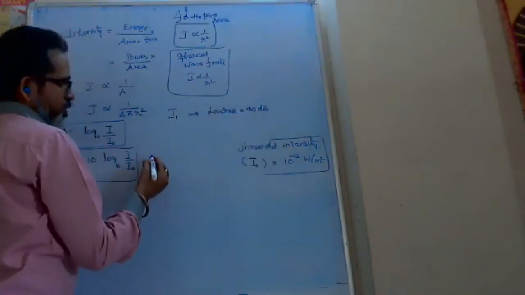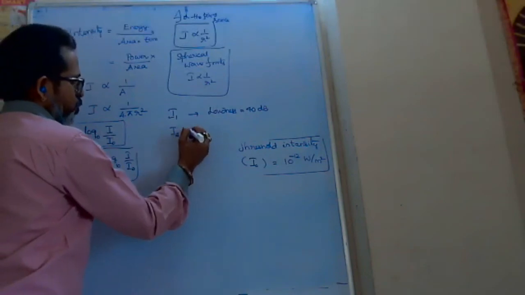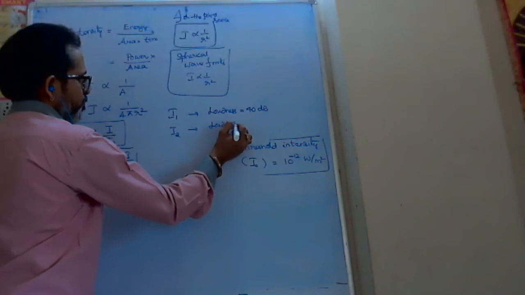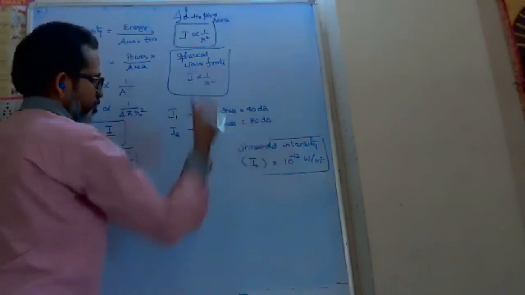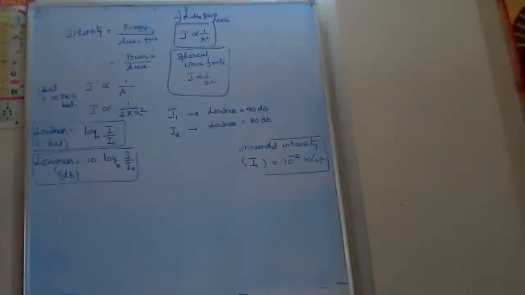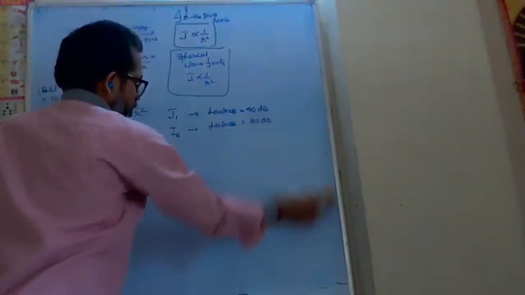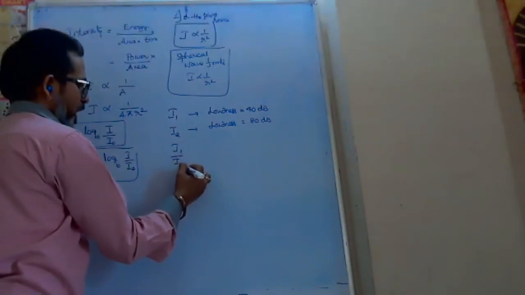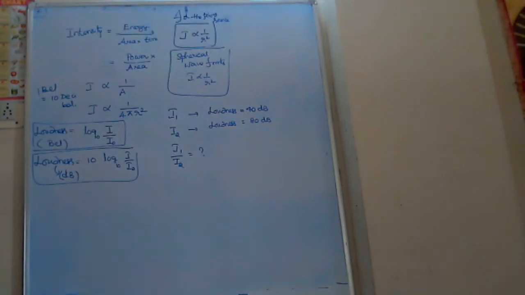And at some other intensity I2, the loudness is 80 decibels. Then the question is, find the ratio of I1 to I2. I1 by I2 equals how much? This is the question.